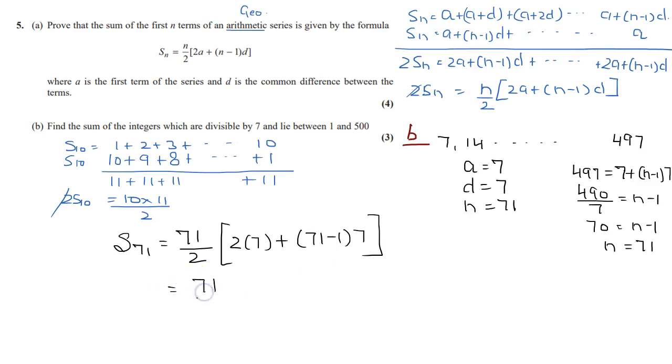So that is 71 over 2 times (2 multiplied by 7 plus 70 multiplied by 7). So you can cancel 2, this is 35 times 7, or whatever, and you will get 17892. So that is the answer for the sum of the terms between 1 and 500 divisible by 7.